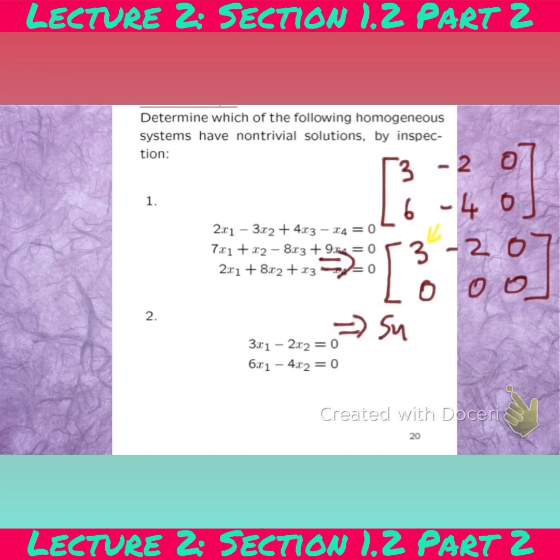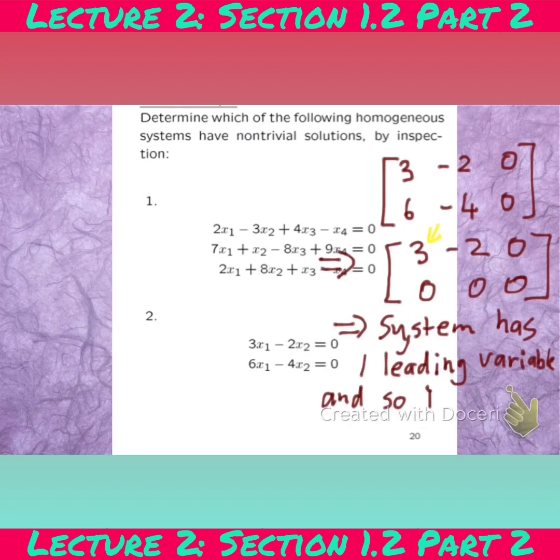To complete that reasoning, the system has one leading variable, and so by theorem 1 that we did previously, it will have a total number of variables, which is 2, minus 1 leading variable.